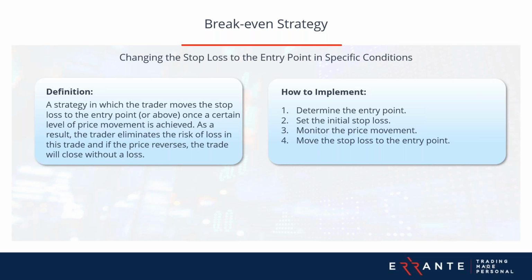And in that case, you can also, let's say, close a part of your position. It means you can open multiple positions on one instrument with different take profit levels. And then when you see that the price is reaching your targets, let's say your first target, in that case you can just realize part of your profit and then move your stop loss for the whole trade to your entry points.